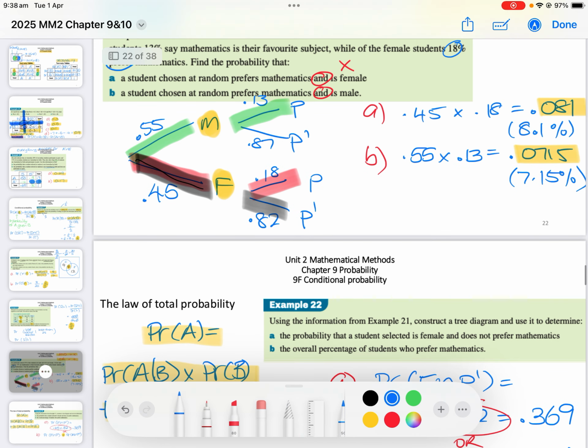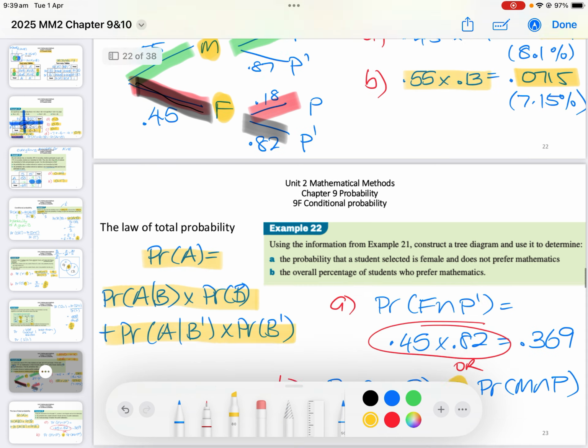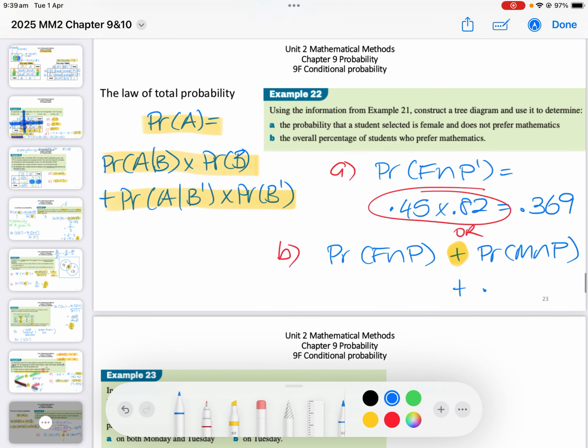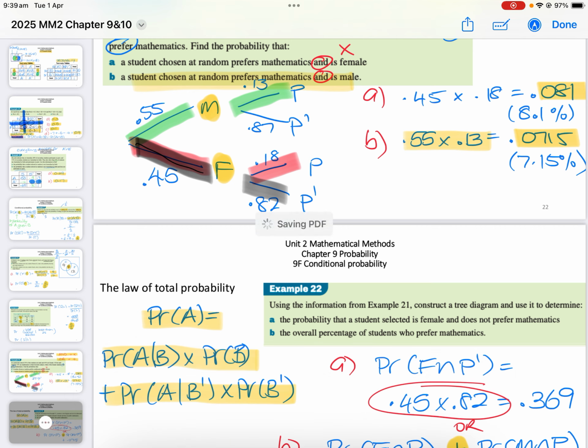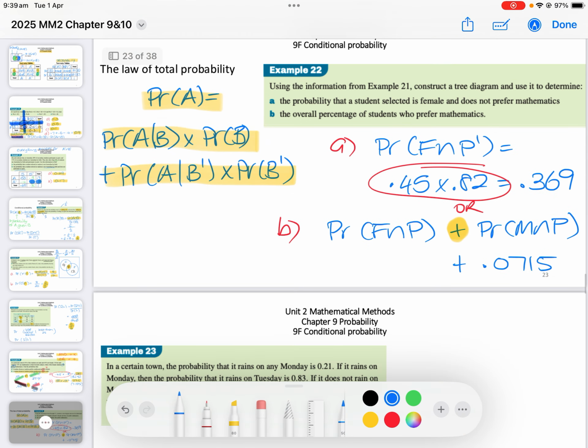So female and prefer, we worked that out in the previous question here. That's the male and prefer. So that's the second one, which was 0.0715. Female and prefer was this one, which was 0.081. And if you add those together, it's 0.1525.